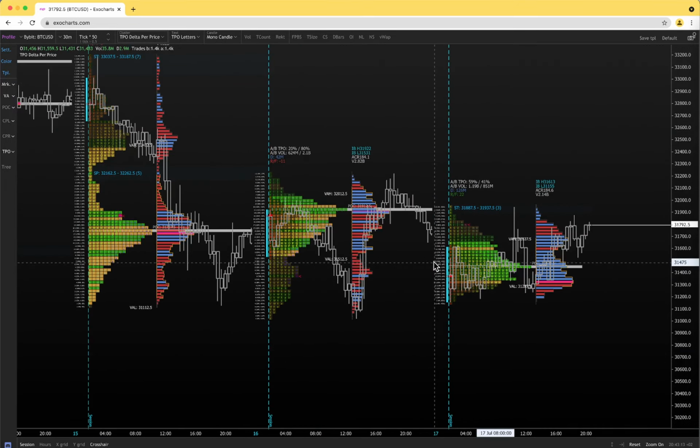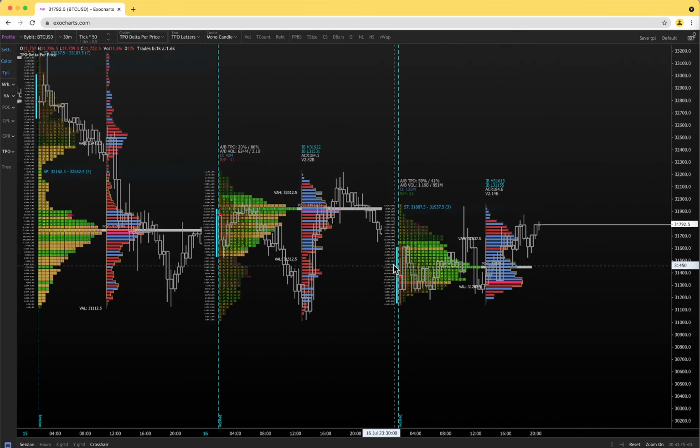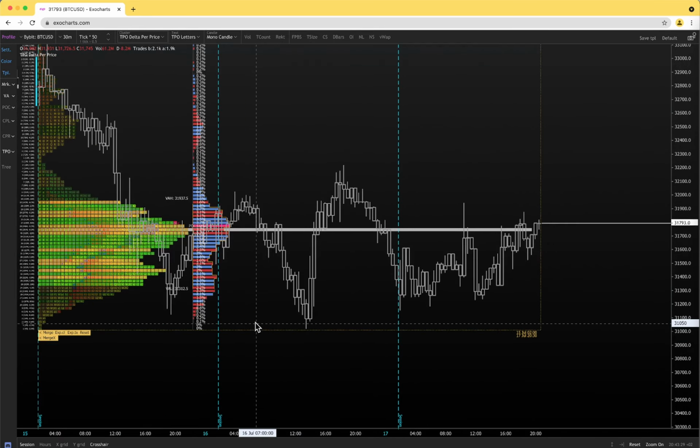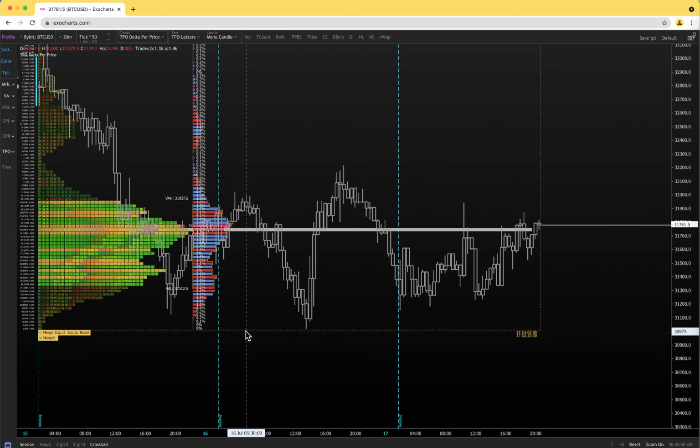The price was really trading technically well, I would say here. So now we are between these two ranges, between 32k to 30,900.